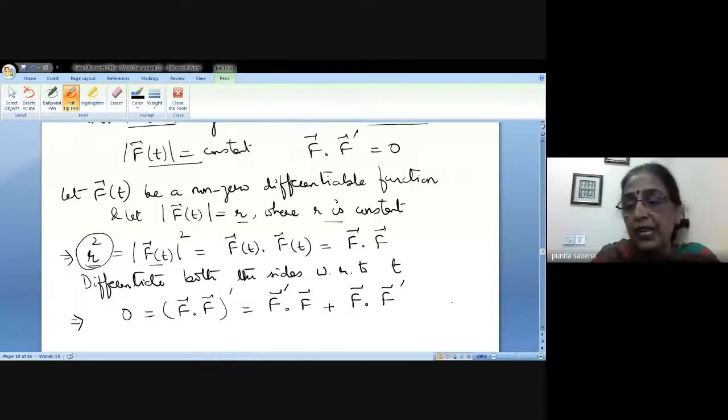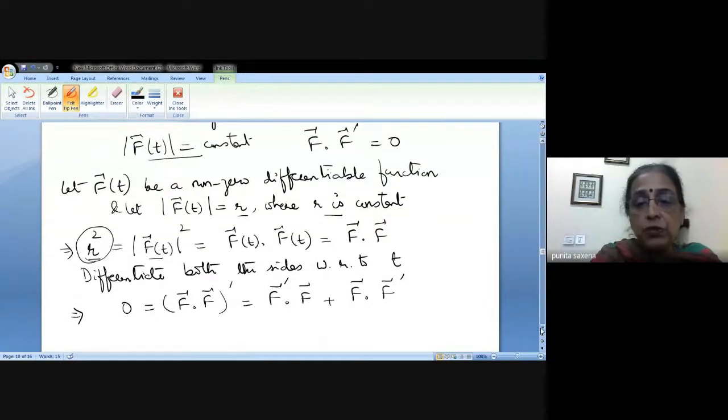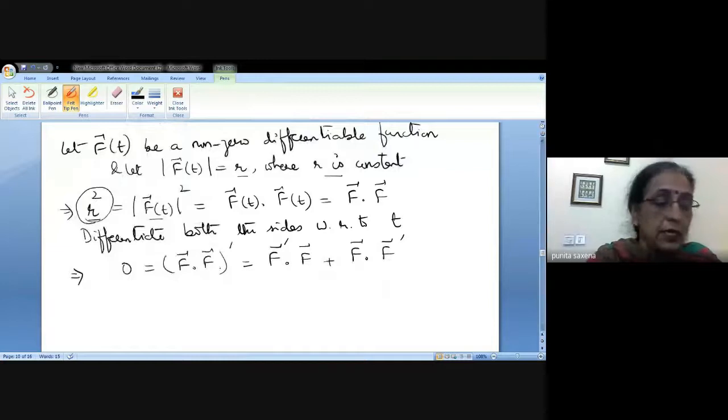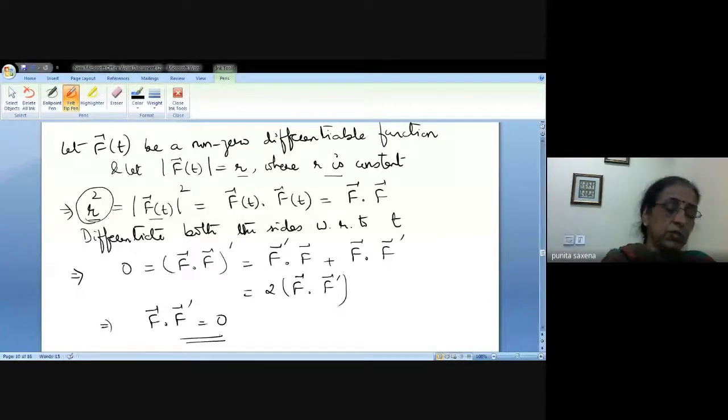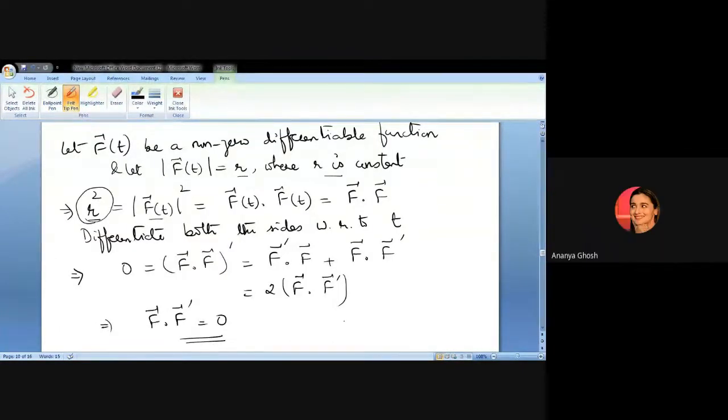That is nothing but twice f dot f dash, and what is this equal to? 0. So f dot f dash is 0, and the two are orthogonal to each other. Is that okay? Yes, ma'am.